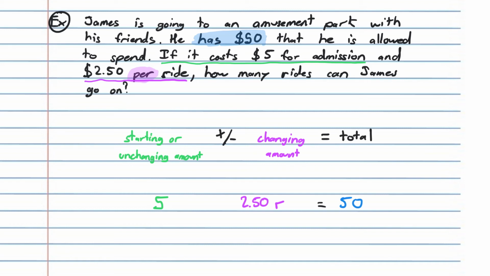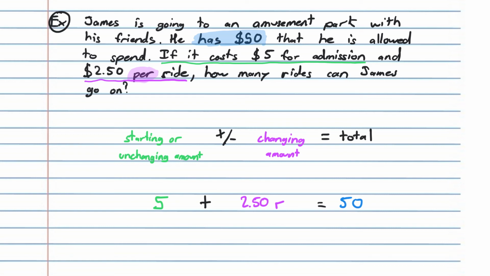Then we need to connect these with either a plus sign or a minus sign. We're spending this amount of money, right? If we're starting by spending $5 and we're spending an additional $2.50 each ride, that would be adding. We're adding these together, so in this example it'd be a plus. Now we're back to a situation we've been working with the past few weeks. It's a basic equation, not too bad.